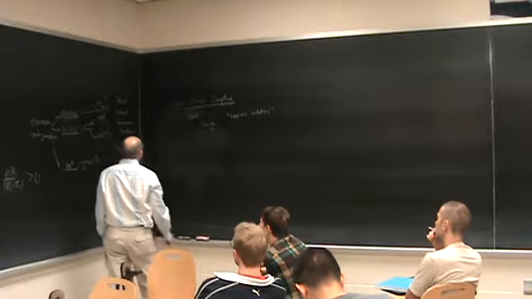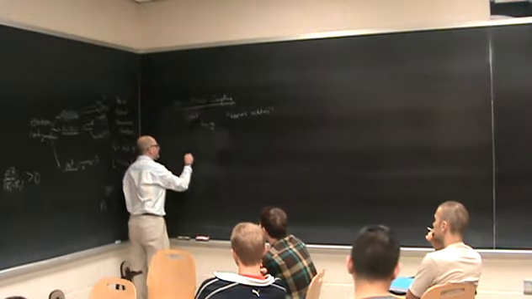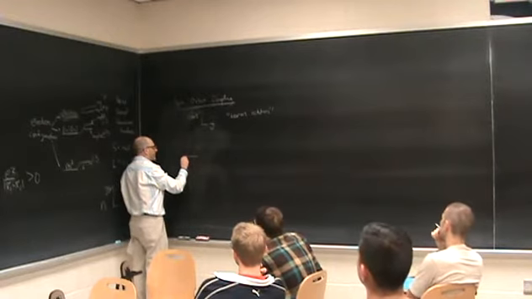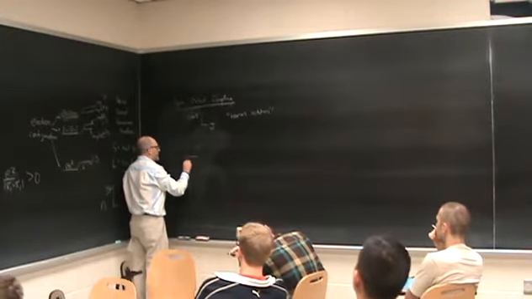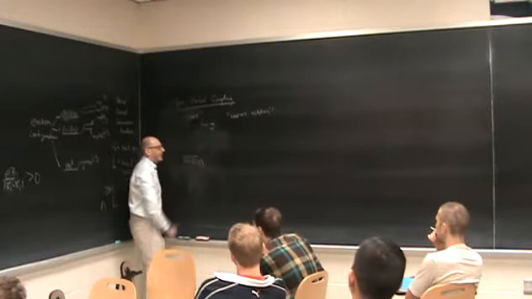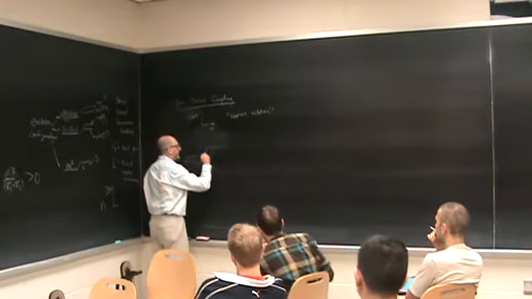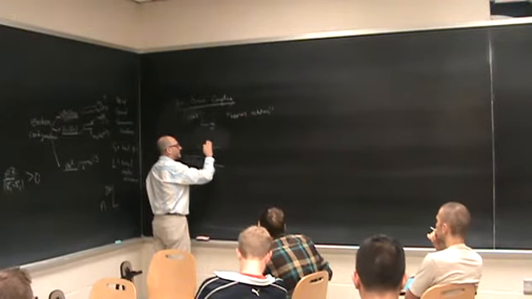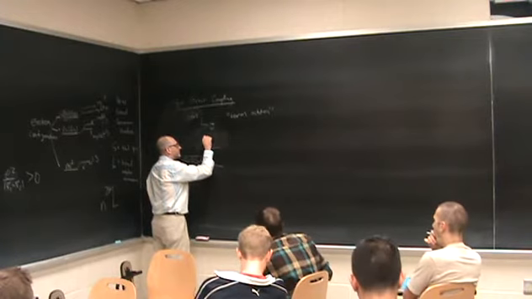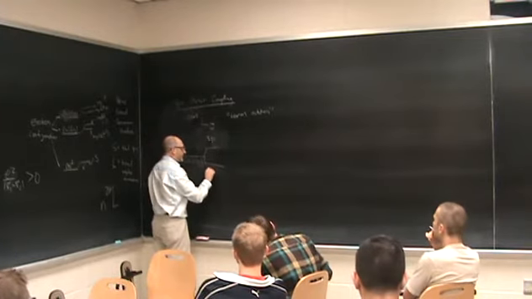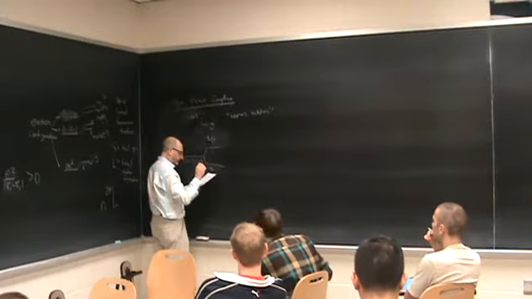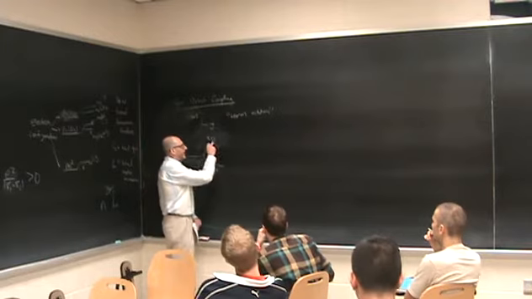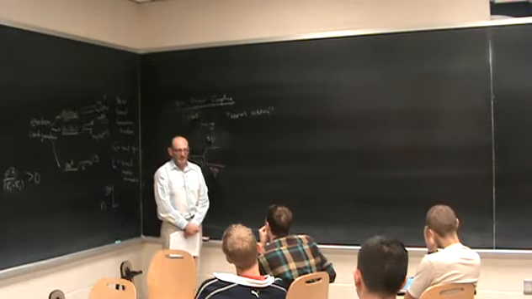So for example, I can look at this, my configuration, for example, in SP. That got split into a singlet P and a triplet P. Right? And now this gets split by fine structure.